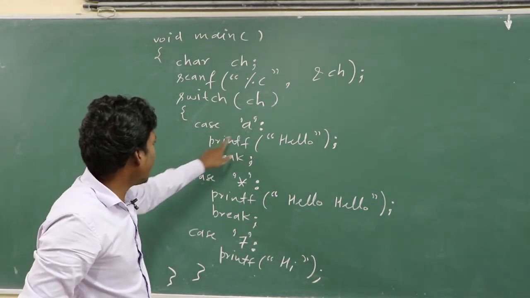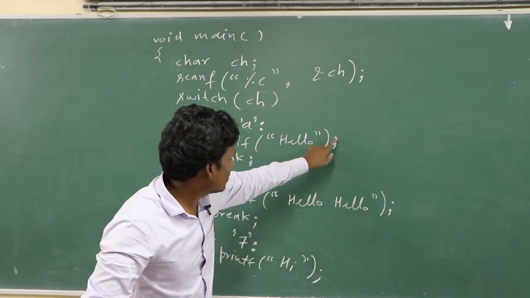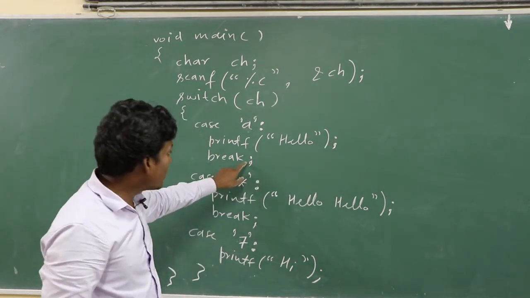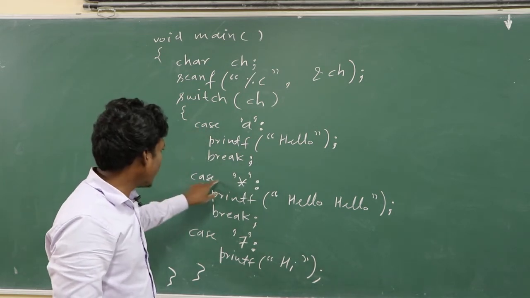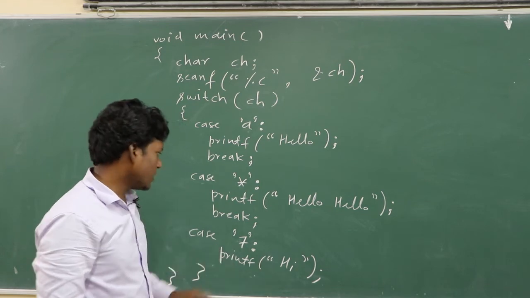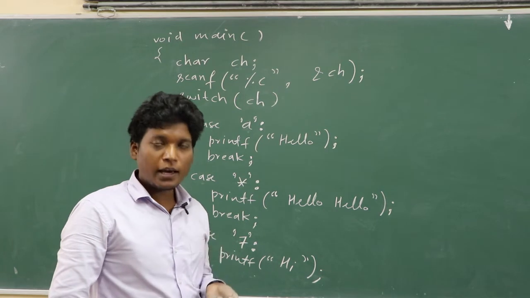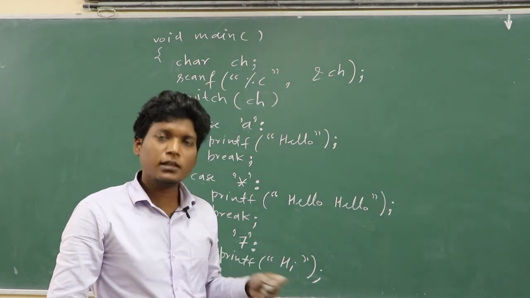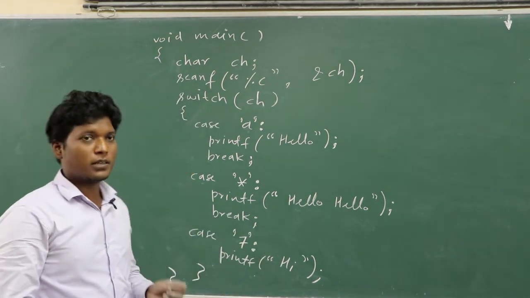Suppose case A has statements 1 and 2, because each is terminated by a semicolon. Case A has two statements. Case asterisk has two statements. Case 7 has one statement. Each case may have 0 statements, 1 statement, or several statements.